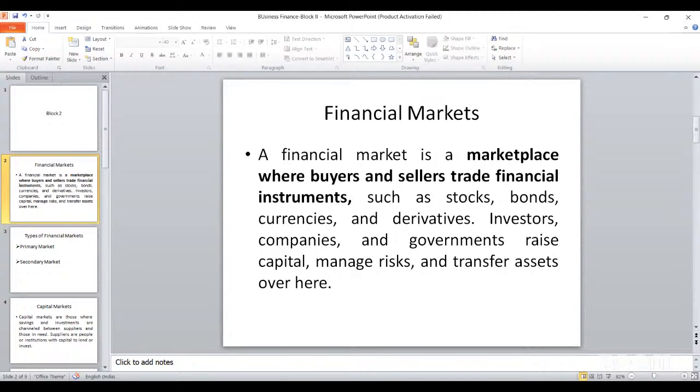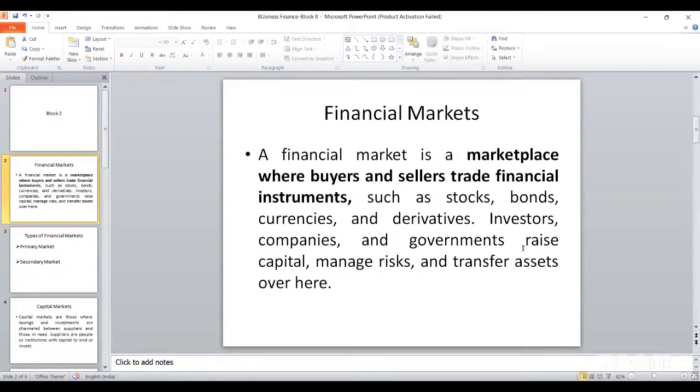So in this block two, first you have financial markets. I'll give you a basic introduction of financial markets, then we'll move on to the capital market and then the money market. Coming to the financial market, as you can see in the definition, a financial market is a marketplace where buyers and sellers trade financial instruments such as stocks, bonds, currencies, and derivatives.